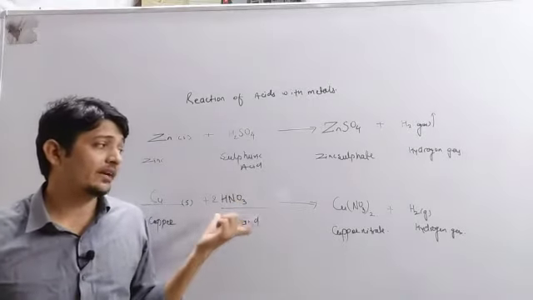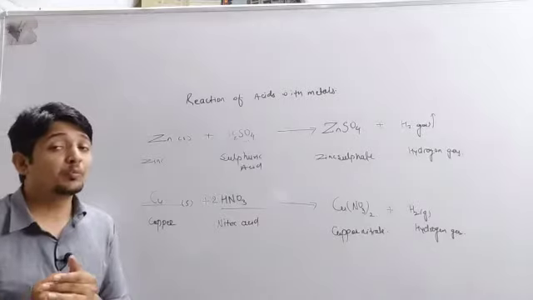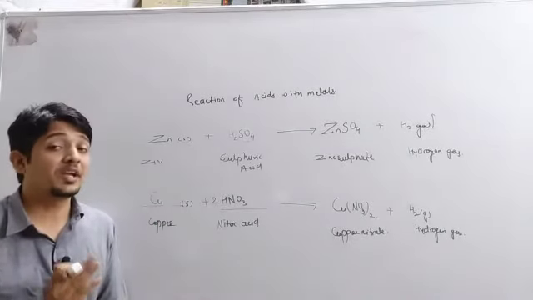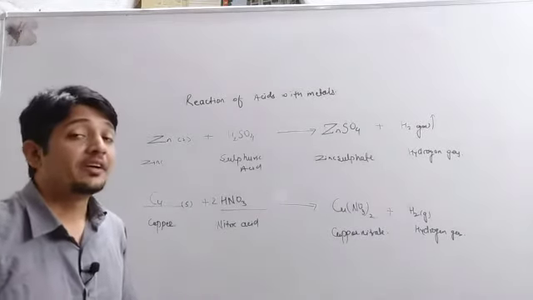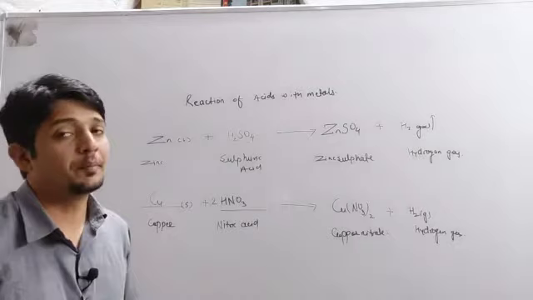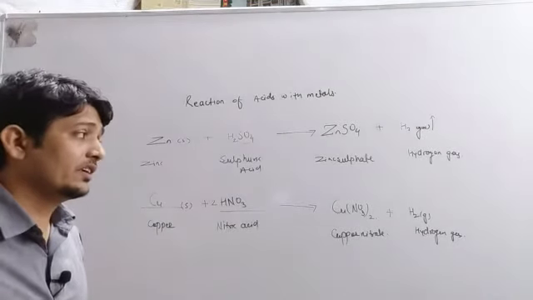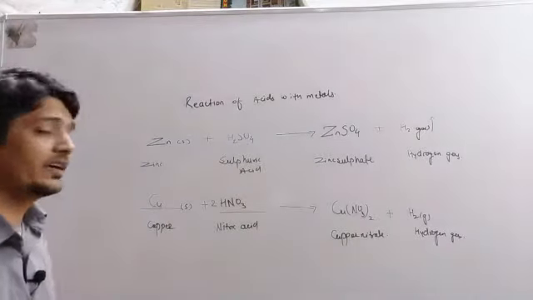You have to write this reaction and practice once, twice, so that you can remember it, because it is a very important reaction. Okay, so we have completed our reaction of acid with metals. We will move further to solve the next reaction. You can write it or take a screenshot.